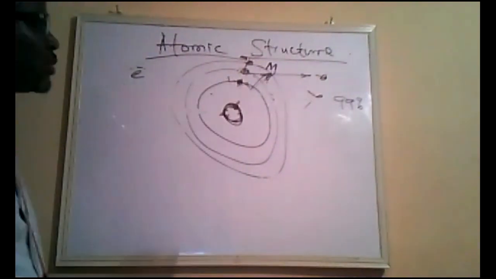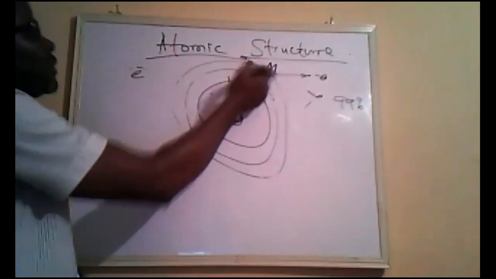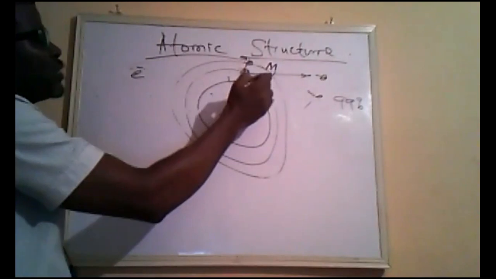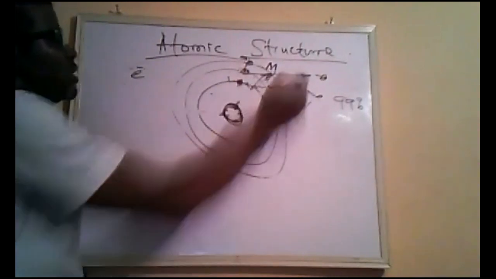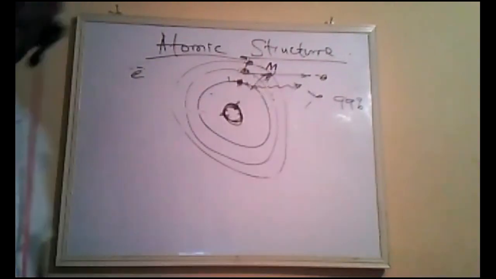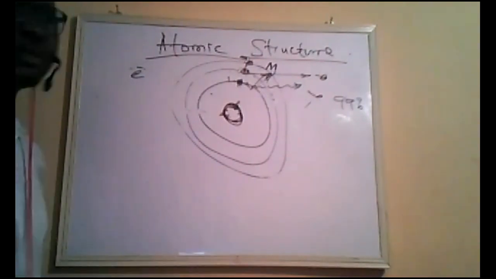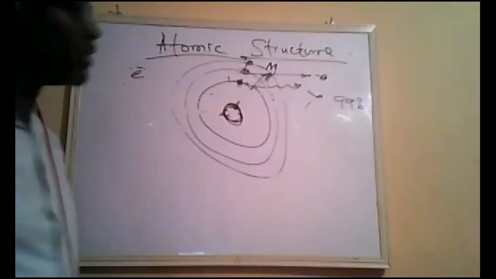And when that happens, what do we have? For this atom to become electrically neutral, it has to emit radiation. It can be in the form of light, or in the form of ultraviolet rays.